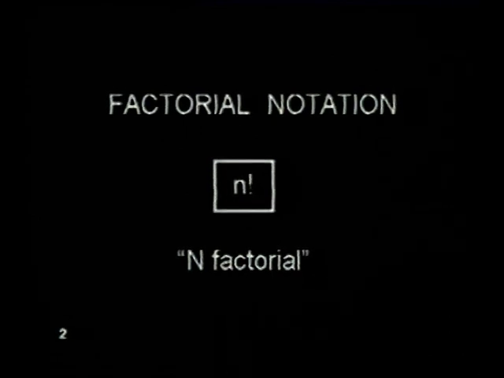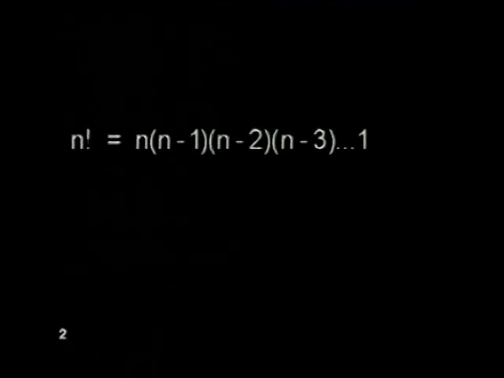This is the symbol used for factorial notation. The exclamation point is not a command to shout the letter N. Rather, it is a symbol used in algebra and is read N factorial. It denotes a series of multiplication using all of the integers from n to 1.